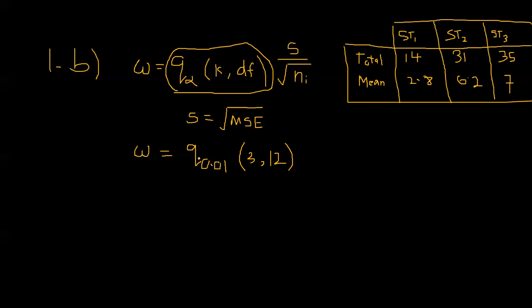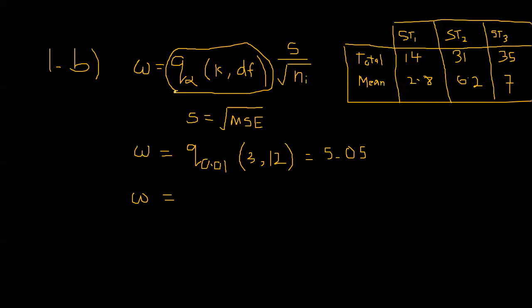If you refer to the Tukey table with alpha 0.01 and K is 3 and degree of freedom 12, you will get the value 5.05.